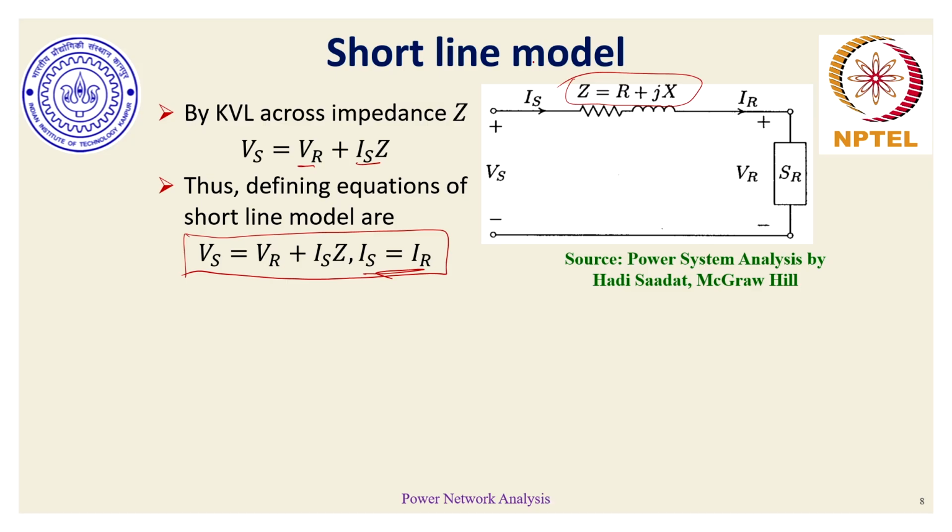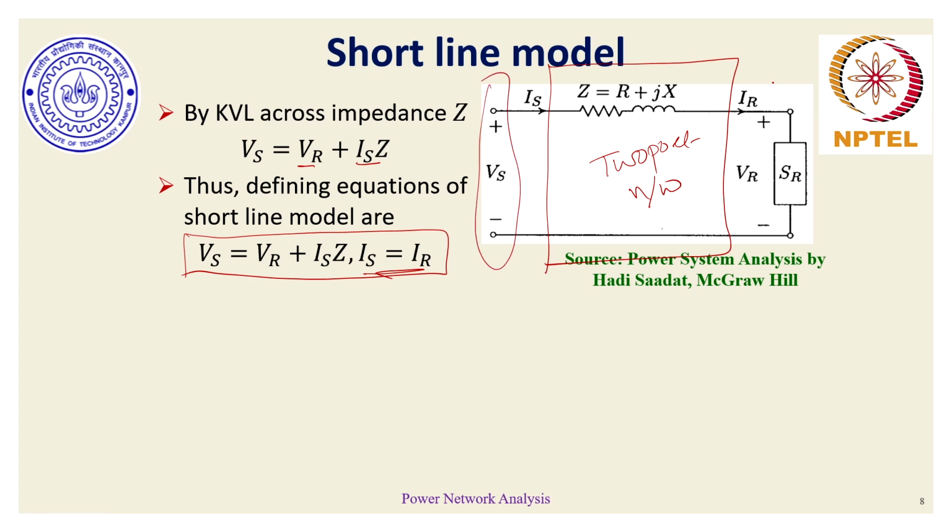If I were to replace this entire line impedance by a black box and call it a two-port network, where I don't know exactly what is inside, then the terminals represent the sending end terminal and receiving end terminal. So I can re-represent this overall equation for the short line model in terms of a two-port network, in terms of Z, Y, ABCD and H parameters.